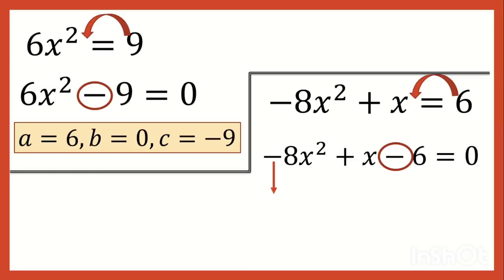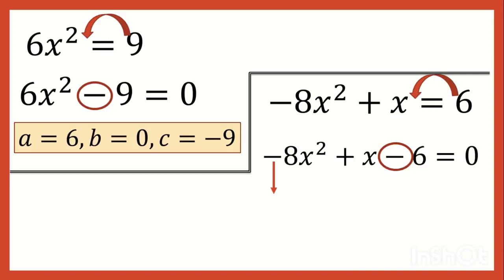Now, remember, kagaya ng sinabi ko kanina, na ang standard form, your a should be a positive real number. So, since ang a natin dito ay negative, pwede mo siyang i-multiply by negative 1 or pwede rin namang i-divide mo siya by negative 1. So, ang mangyayari lang nito, mag-change lang tayo lahat ng signs.